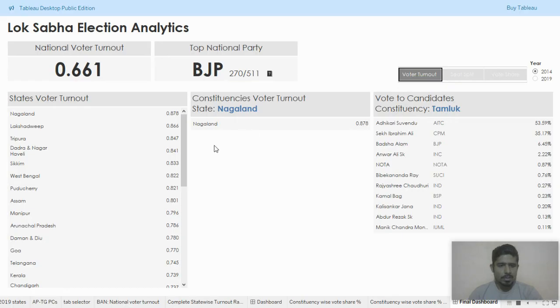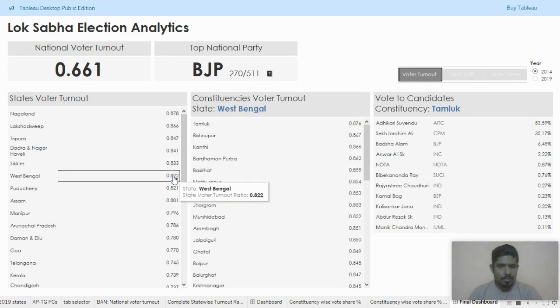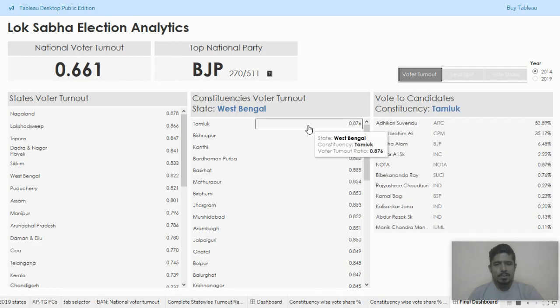Let us see for other states. Let us take the example of West Bengal. So now we are able to see all the constituencies and their respective voter turnout ratio for West Bengal. Now, if I hover over Tamluk, then I am able to see all the contesting participants from Tamluk constituency.